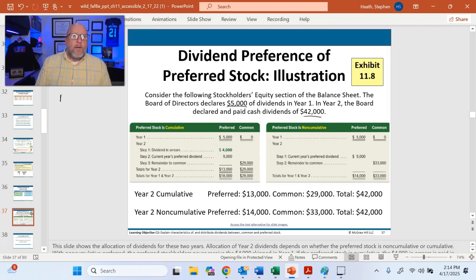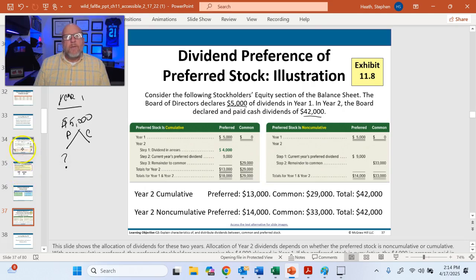I'll do year one over here. So if I'm declaring a $5,000 dividend, what I want to know is how much is going to go to the preferreds and how much is going to go to the commons. So I guess the first thing I really need to do is figure out what is the amount that is supposed to go to the preferreds.